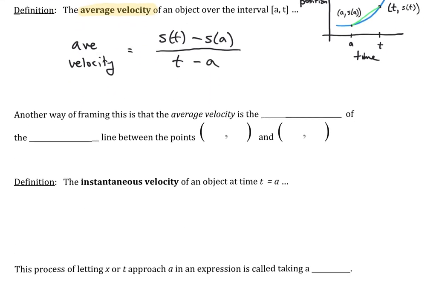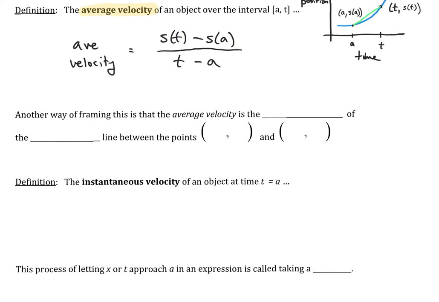So another way of framing this is that the average velocity is the slope of the secant line between the 2 points a, s of a, and t, s of t.